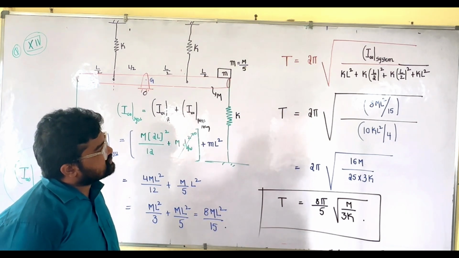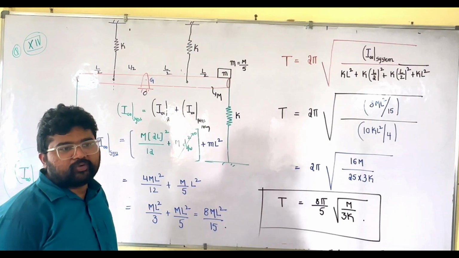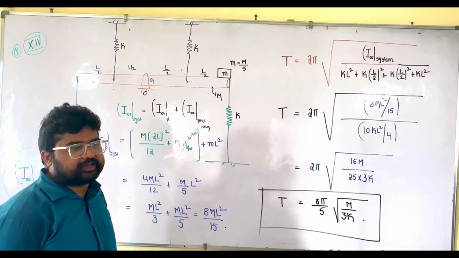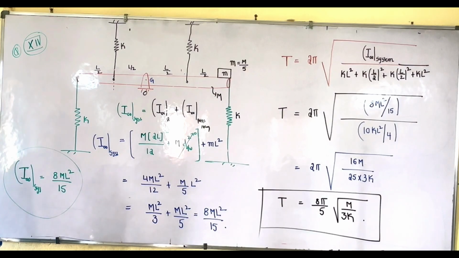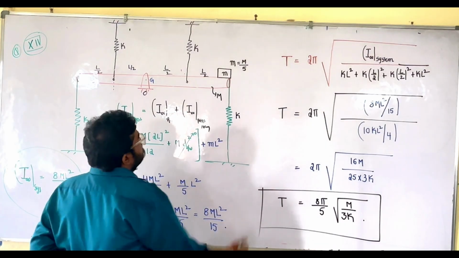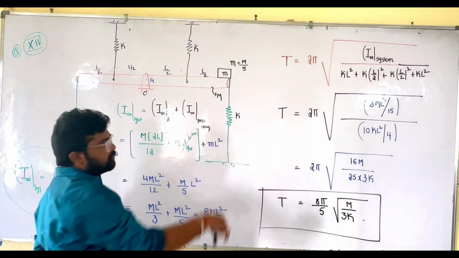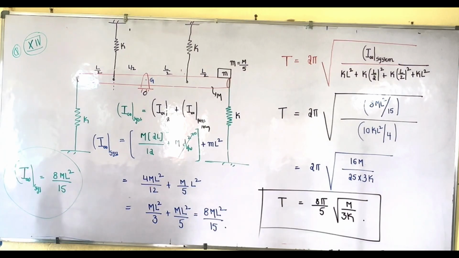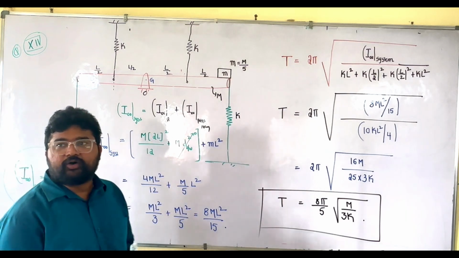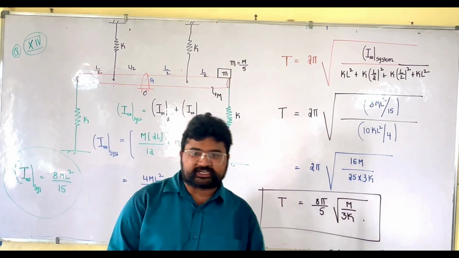Here 2 times 8 is 16, 5 fives are 25, into 3. So m by 3k will come. So you are in a position to calculate mass moment of inertia. Clear or not? This is all about some fundamentals related to free undamped oscillations.